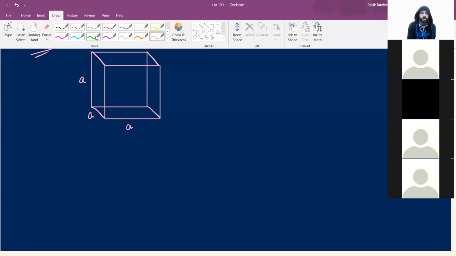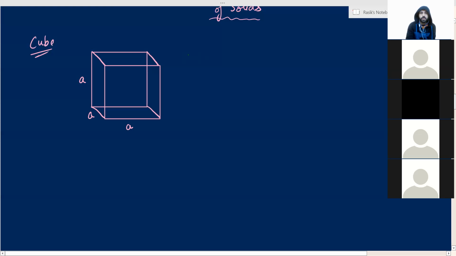Let's write down all the formulae of a cube. So volume, as you all know, is equal to base area into height. So let's derive the formula of a cube. What is the base of a cube? It is square shape.